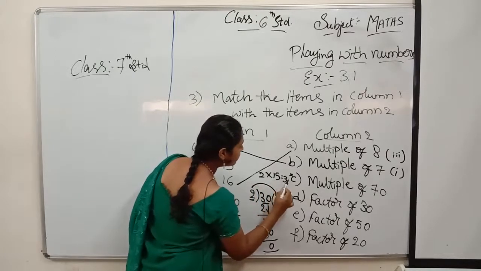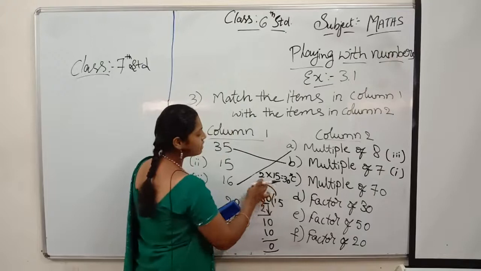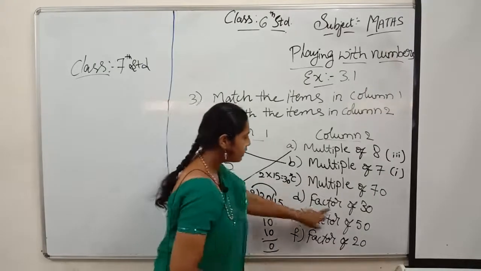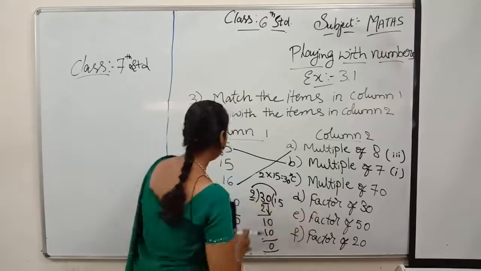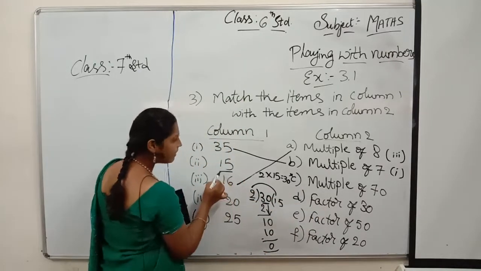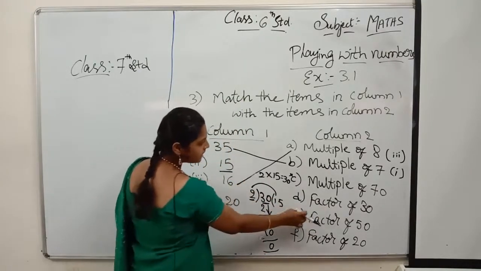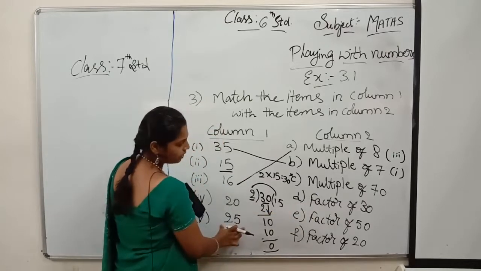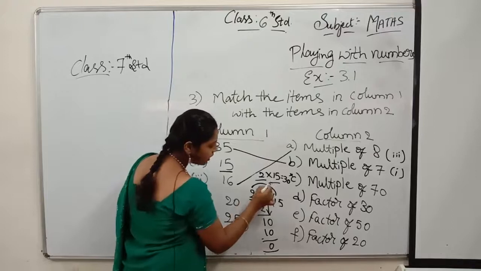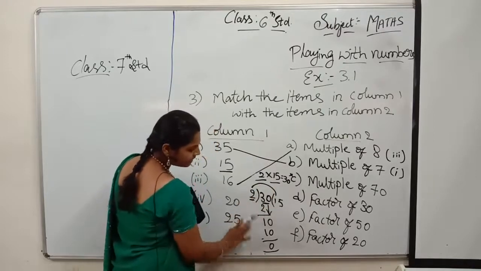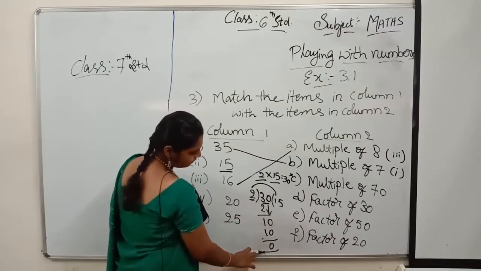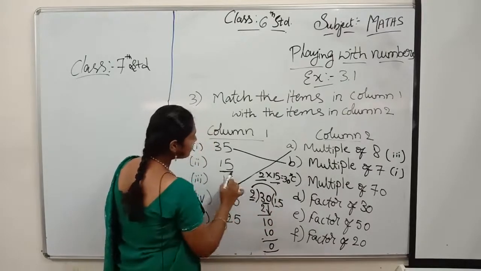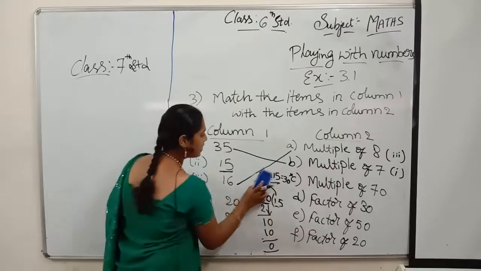Yes, 2 into 15 also we get 30 only. See, factor of 30: here 15 is one of the factors. What did they ask? Factor of 30, we have to check whether it is there or not. Yes, these two are factors only because this number divides exactly. So 15 is one of the factors. You understand?